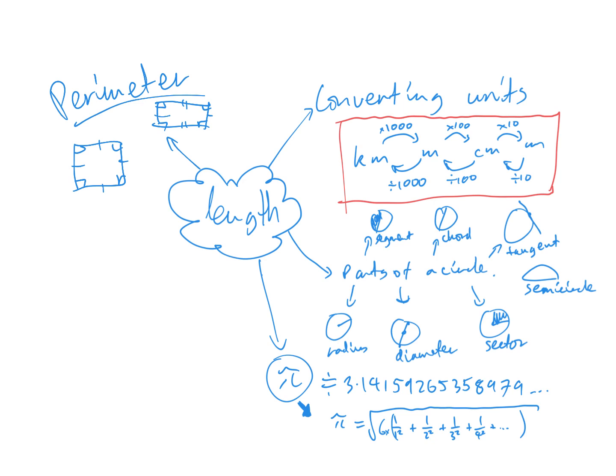This one was 4 times S. This one was 2 times L plus 2 times W. And then we looked at circles. Sorry, I should mark what S and W and L are.